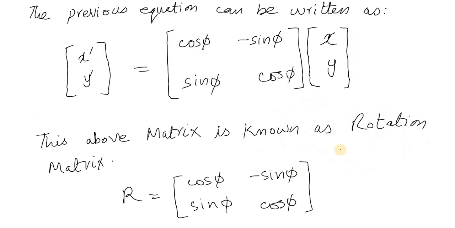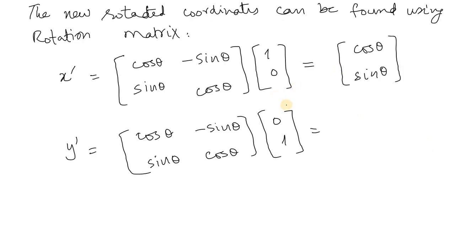So after multiplication, we get minus sine theta and cosine theta. This is how we can find the new rotated coordinates.